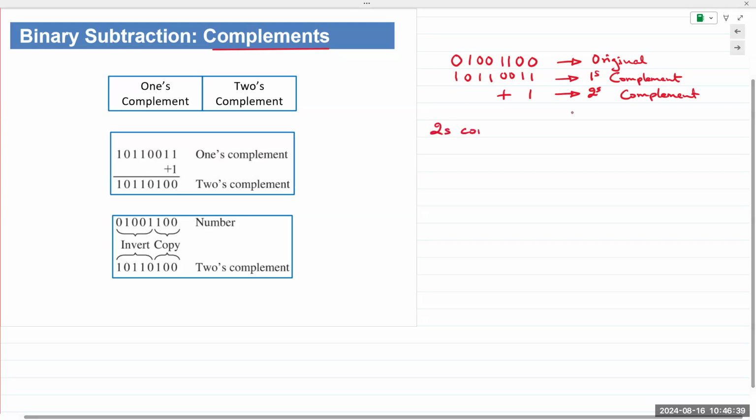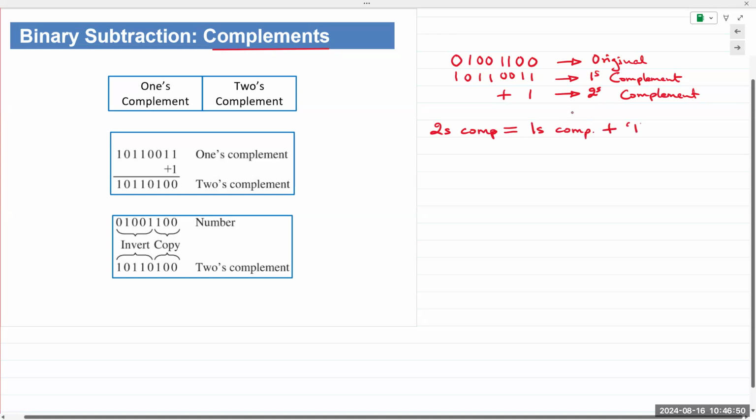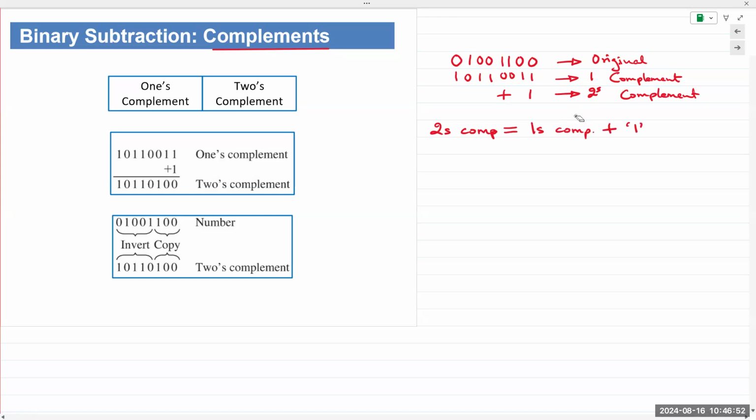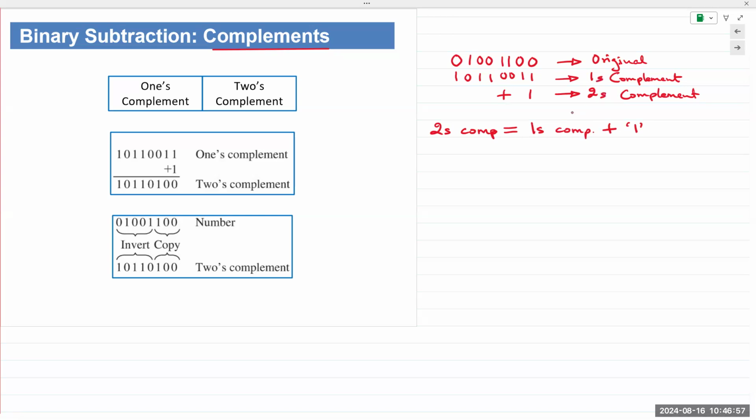So 2's complement is equal to 1's complement plus 1. That's it. That's all it is.